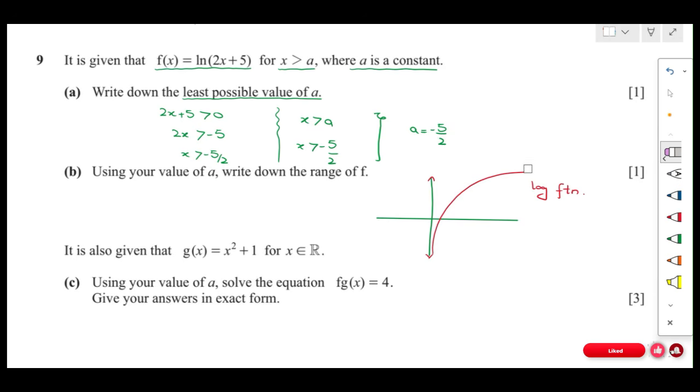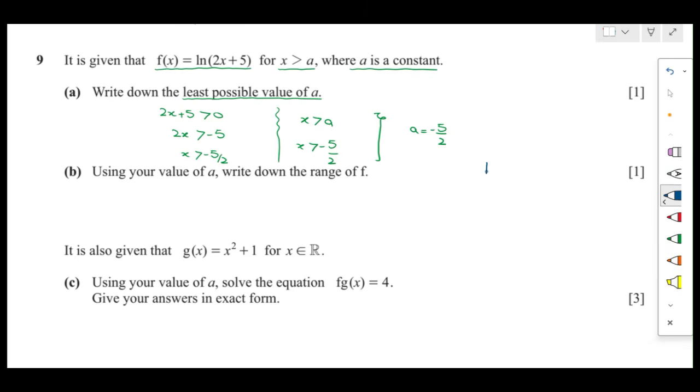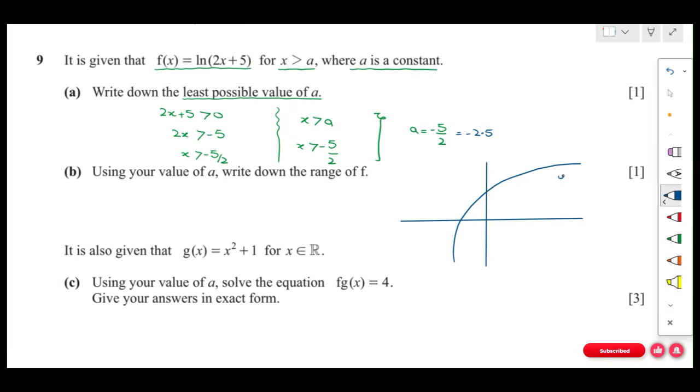So if we graph this logarithmic function, this is negative 2.5, and the x values are more than minus 2.5. This is how the graph looks.